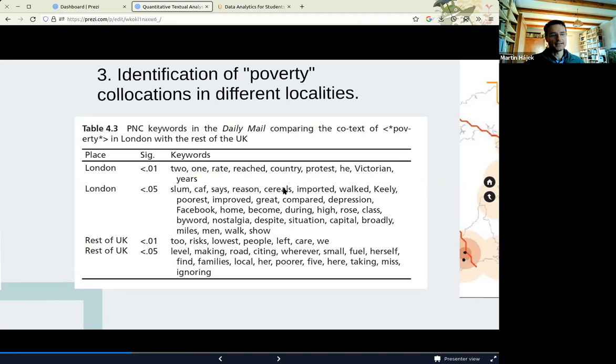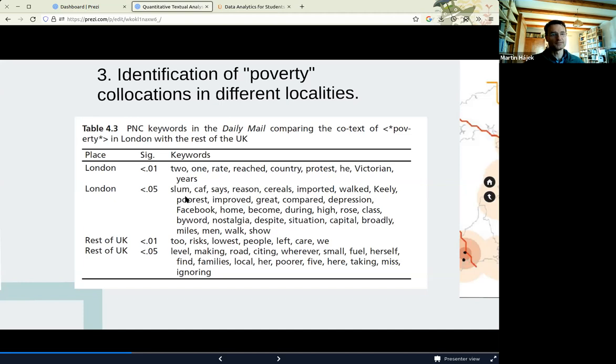Nostalgia, and for me this is somehow poverty in the past, because this is the Victorian, the protests, nostalgia. There's also cereals, the depression, the Great Depression.